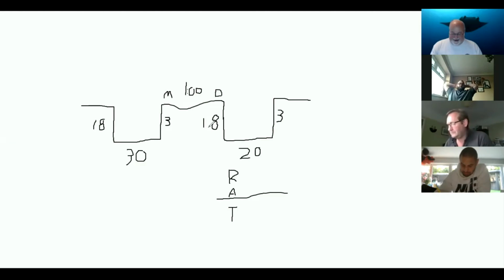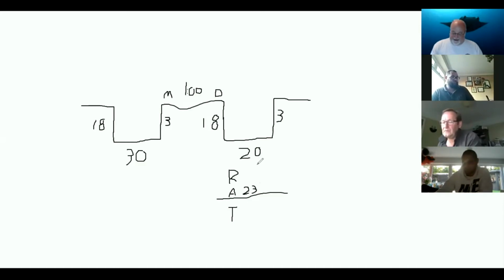D, right, so now we're going to 18 meters for 20 minutes with 3 minutes safety stop. So our actual bottom time is 23. Our residual, so as we're in a D and we're going to 18 meters, 16. Yep, 16.